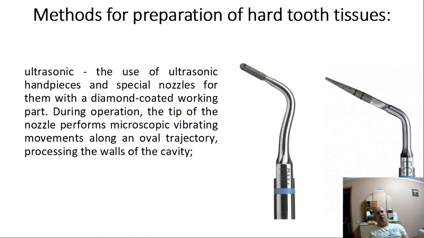Next one, ultrasonic, using a scaler. It involves the use of ultrasonic handpieces and special nozzles for them with a diamond coated working part. During operation, the tip of the nozzles performs microscopic vibrating movements along an oval trajectory, processing the walls of the cavity.